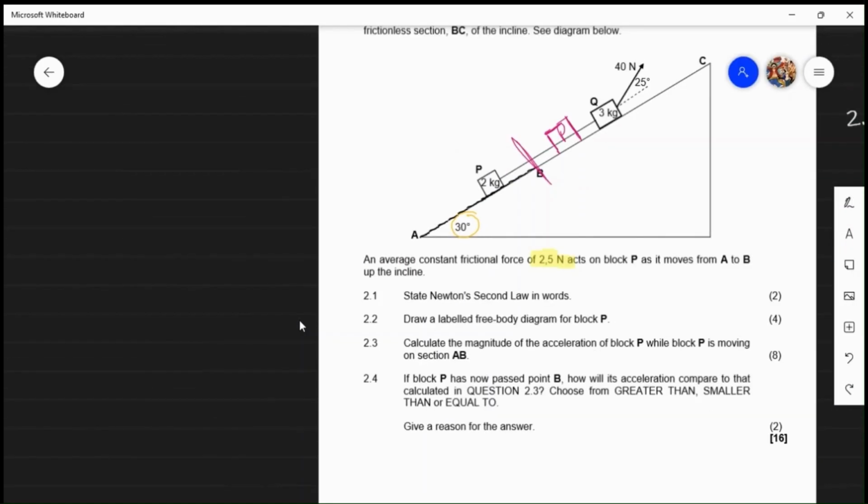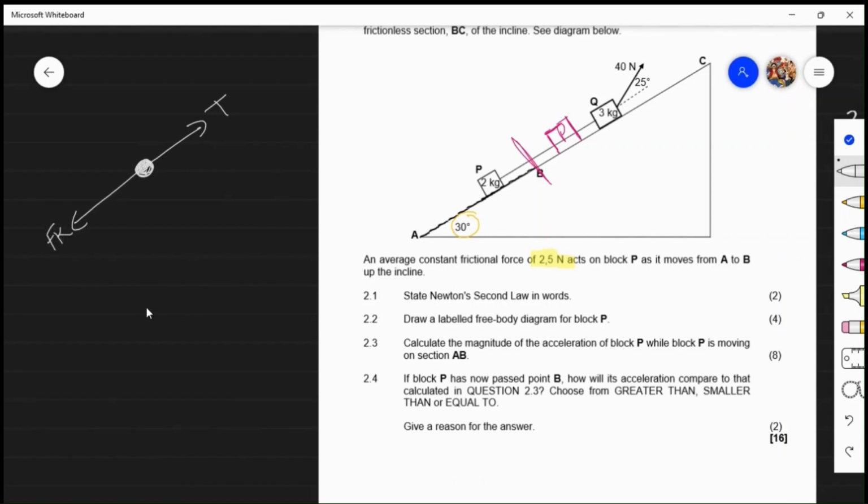So think about it like this. If this is our block P and we have tension that's pulling the block up the incline, we then have Fk pulling the block down the incline. In addition to that, we have FGX also pulling this block down the incline.